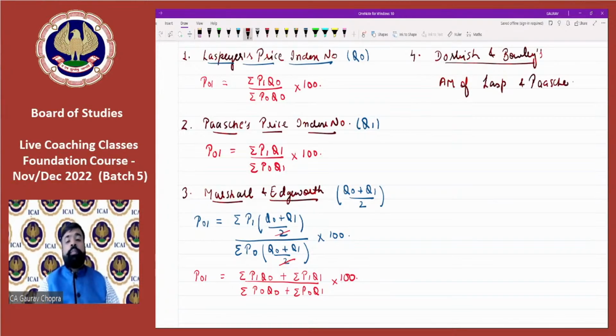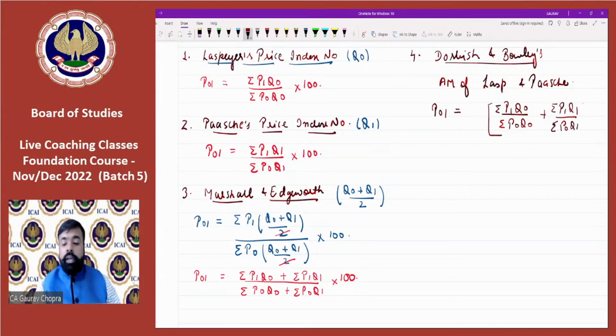So they took arithmetic mean of Laspeyres and Paasche. So P01 is equal to, what is the formula for Laspeyres? So sigma P1 Q0 upon sigma P0 Q0 plus sigma P1 Q1 upon sigma P0 Q1.